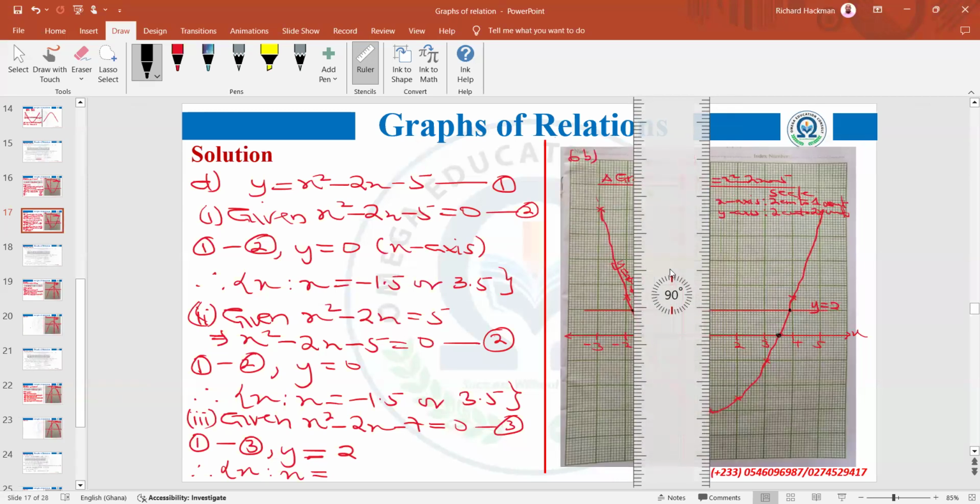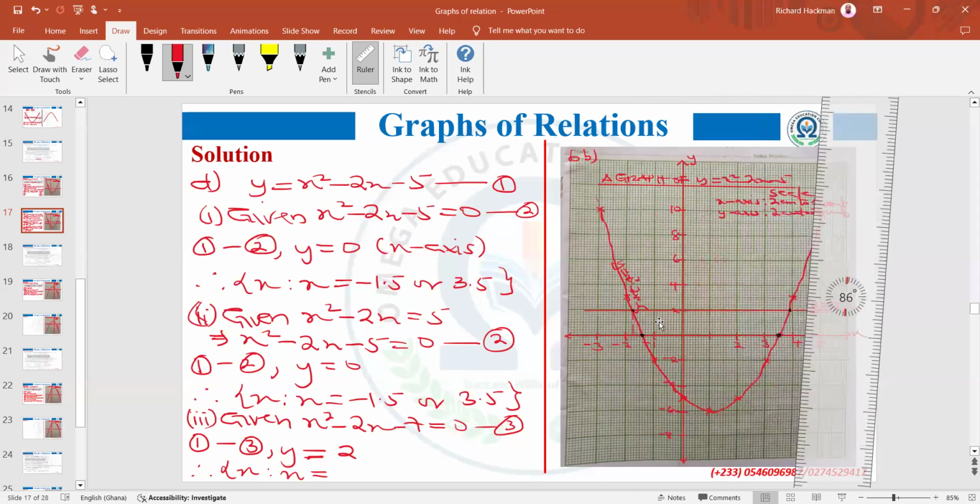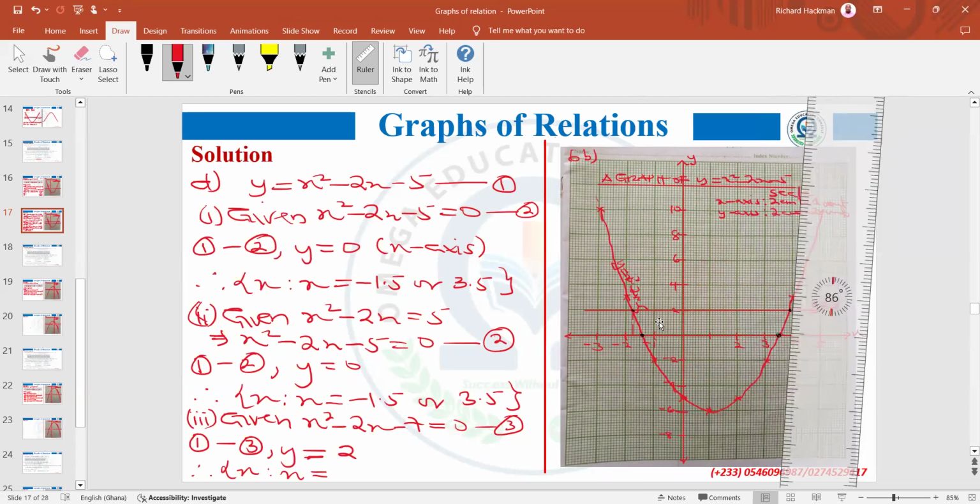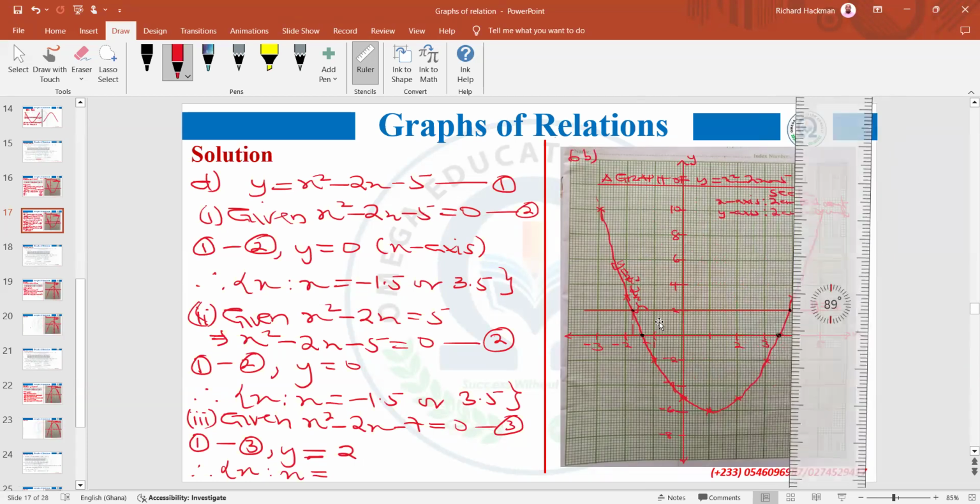Remember, when you are tracing, you trace with broken lines, not a continuous line. So this will be the first tracing. I will come and read. The second tracing will be here where they intersect. Another point is here.